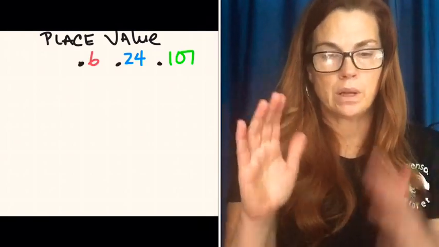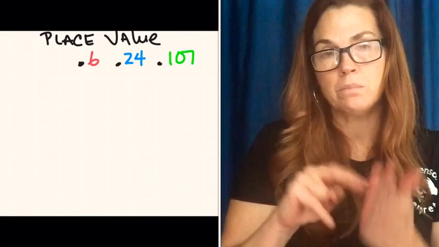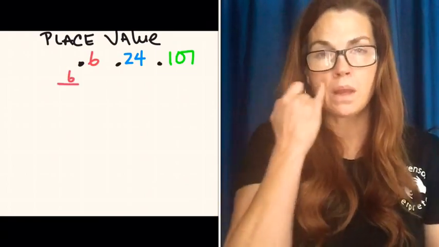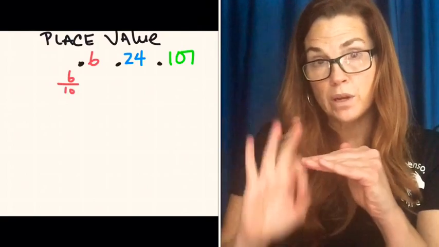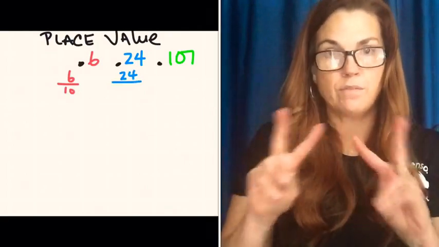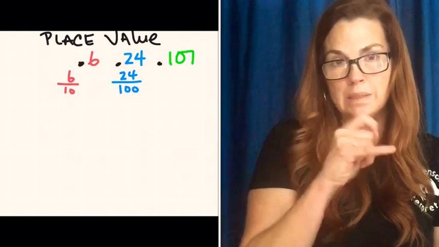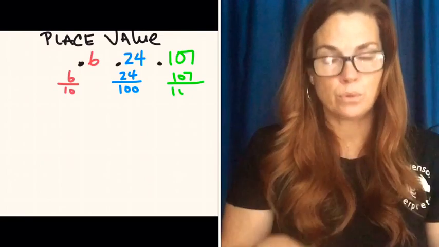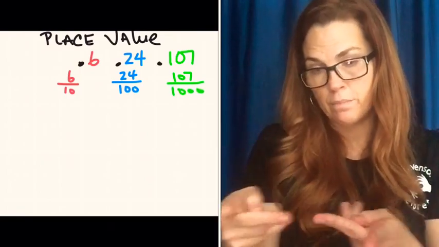Now, to write equivalent fractions, I take the numerical value, 6, and I write it over the place value, 10. I take the numerical value, 24, and write it over the place value, 100. I take the numerical value, 107, and write it over the place value of 1,000.